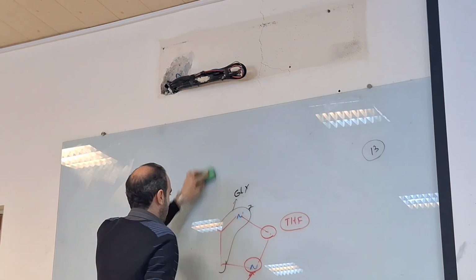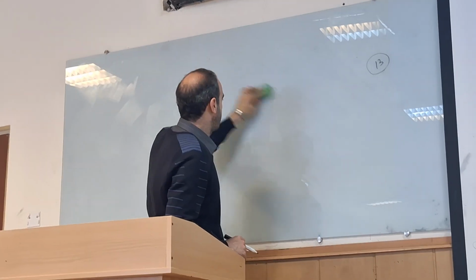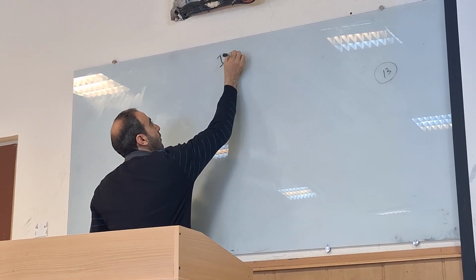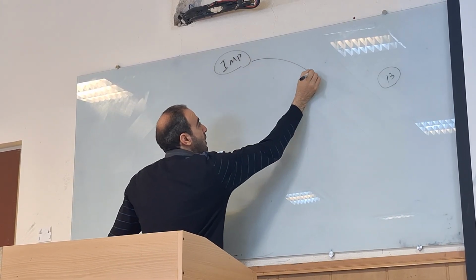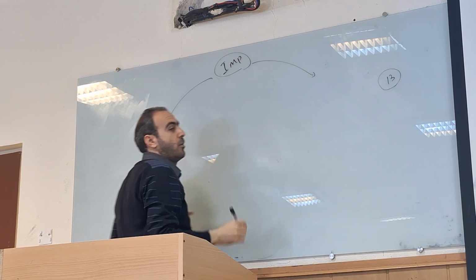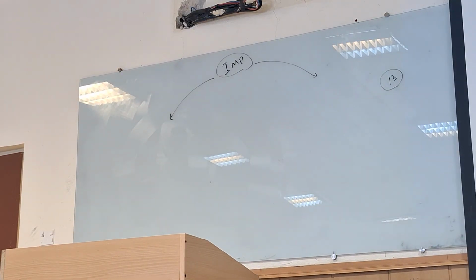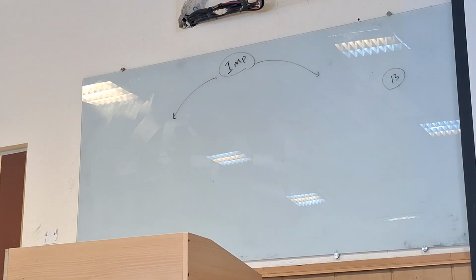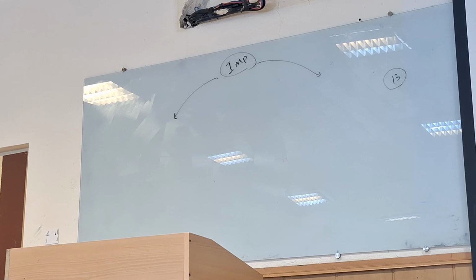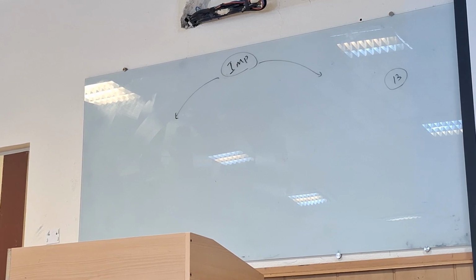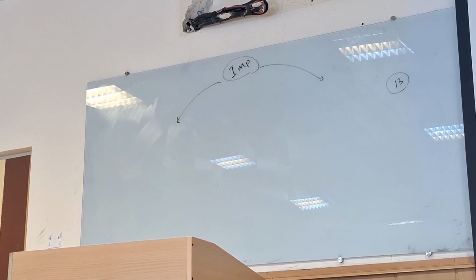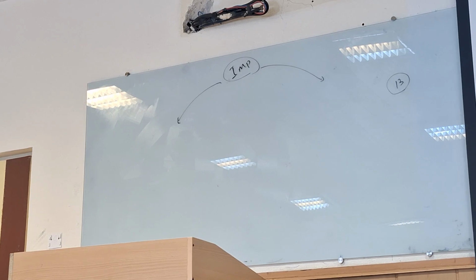Inosine monophosphate has 2 pathways. From this side, by IMP dehydrogenase, it is converted to xanthosine monophosphate, then by adding ATP and receiving nitrogen from glutamine, it is converted to GMP.